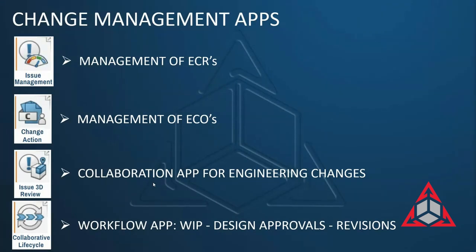Issue 3D review is collaboration for the actual engineering changes. You can do markups on the 3D CAD model or drawing or whatever the file is that's going through the change. Non-CAD users can go in there and look at a file, and it could be a person on the shop floor.